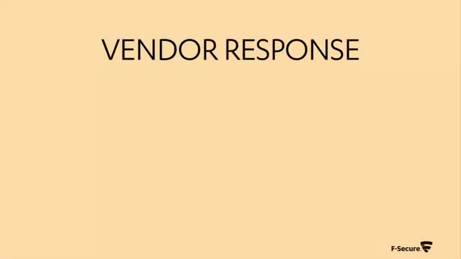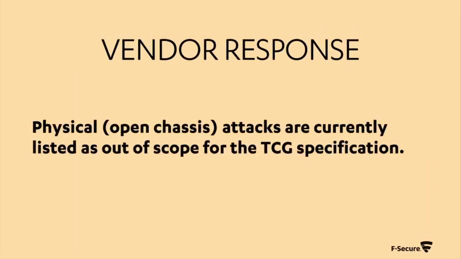So a vendor response slide as well, we have to put that in there. We've talked to Microsoft, we've talked to Intel, and basically the response is that the TCG working group responsible for the specification has decided that these kinds of attacks are currently out of scope, and there's not much they can do.